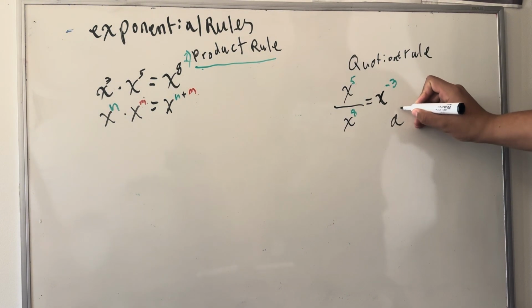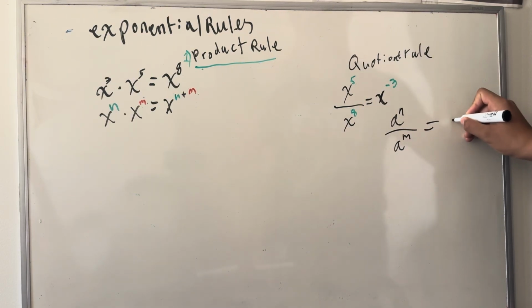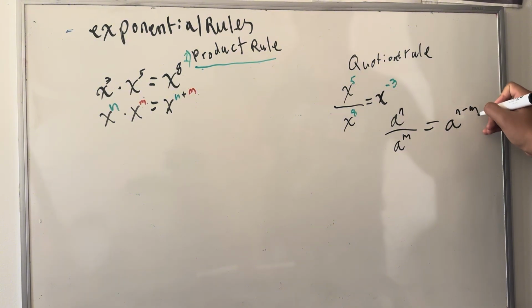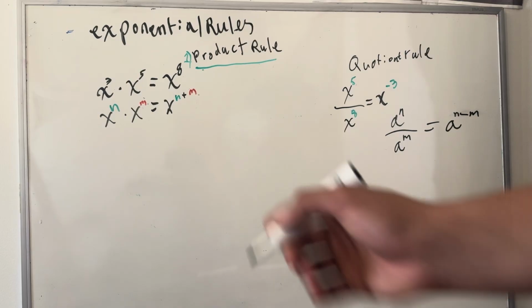A to the power of n over a to the power of m will equal a to the power of n minus m.